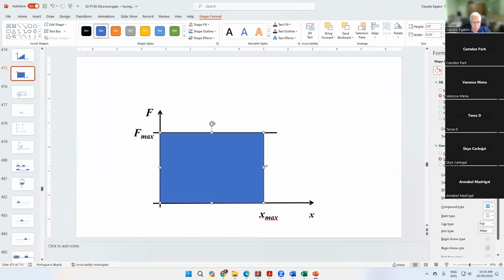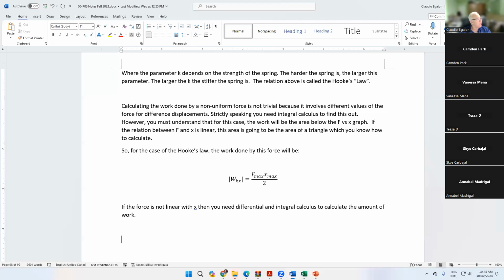So this interpretation of the area below the curve also applies to a constant force. Let's shrink it a little bit. Yeah, like that. F max times x max.